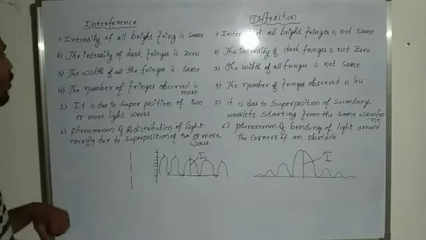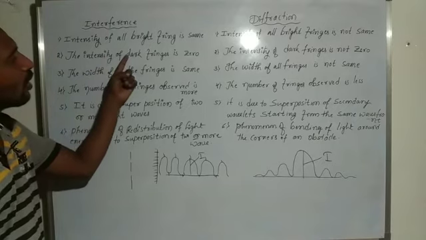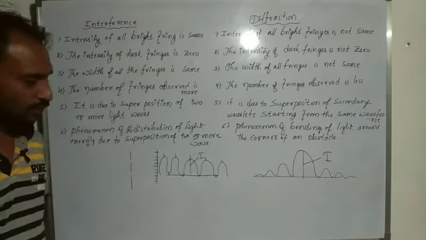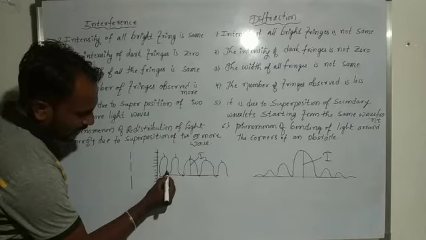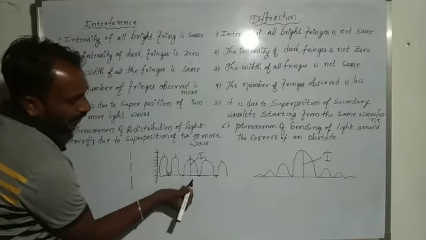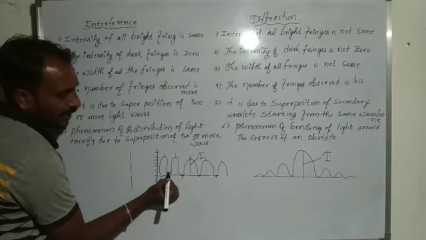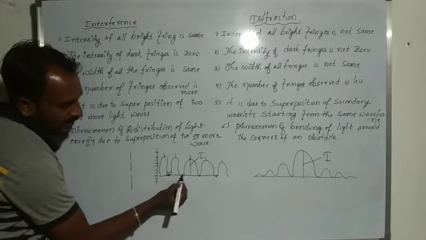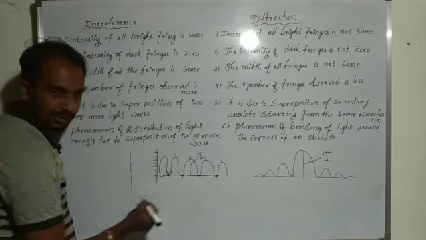Next point: in interference, the intensity of all dark fringes is 0. Here we have the first dark band, second dark band, and on the other side the first and second dark bands. The intensity is completely 0.